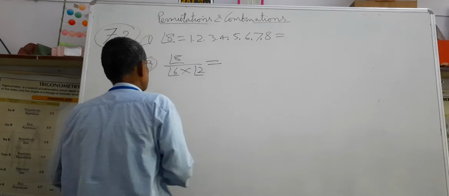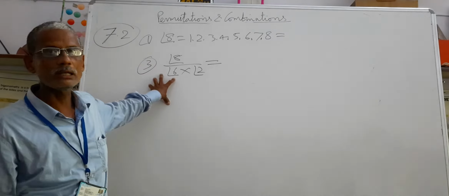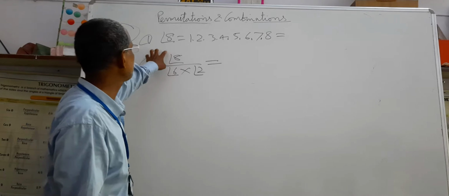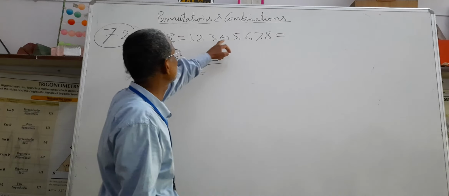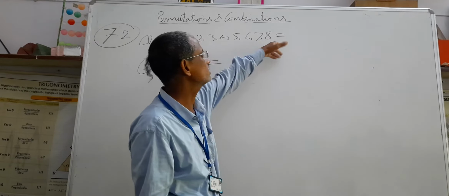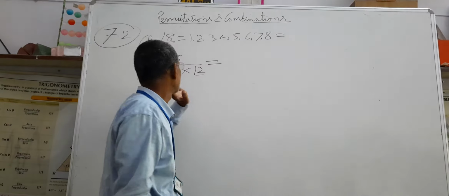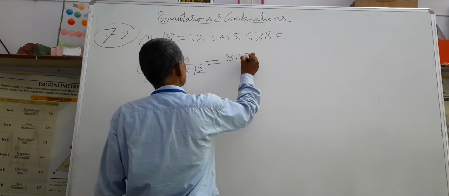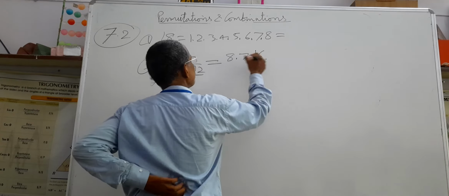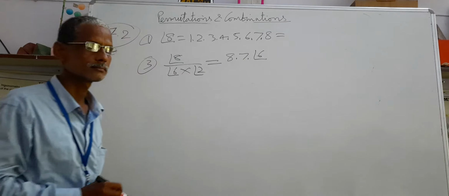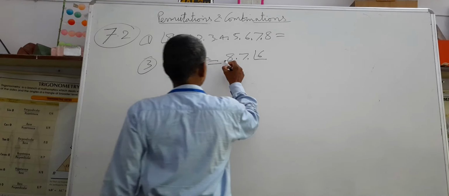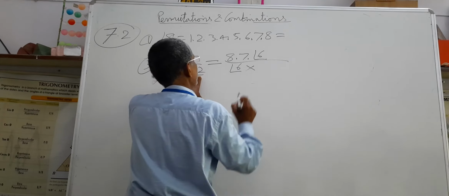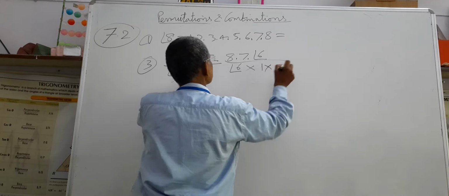Here factorial 6 is given in the denominator, so don't write factorial 8 as 1 into 2 into 3 into 4 into 5 into 6 into 7 into 8. Factorial 8 can be written as 8 into 7 into factorial 6, divided by factorial 6 into, expanding this, factorial 2 is 1 into 2.